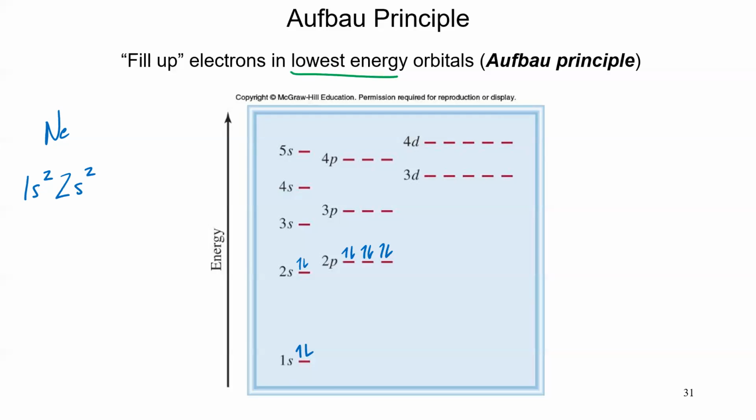So it's 2s2. The next highest subshell is 2p, and there's 6 electrons in the 2p subshell, and so that's what goes next. And so that's what we call the electron configuration for neon. We'll get more practice with that here in a minute.